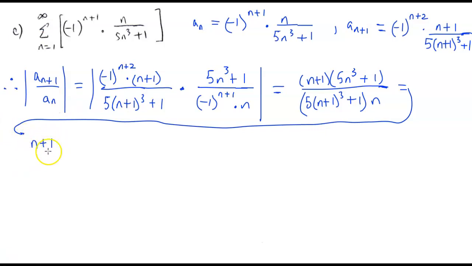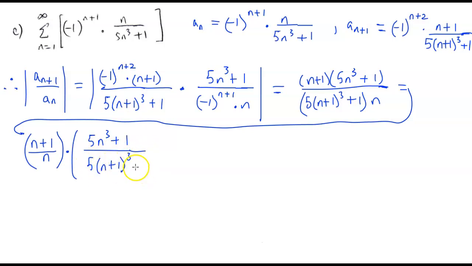Here I can rewrite this as n plus 1 over n times 5n cubed plus 1 over 5 times n plus 1 cubed plus 1. This n plus 1 over n we can simply rewrite as 1 plus 1 over n.